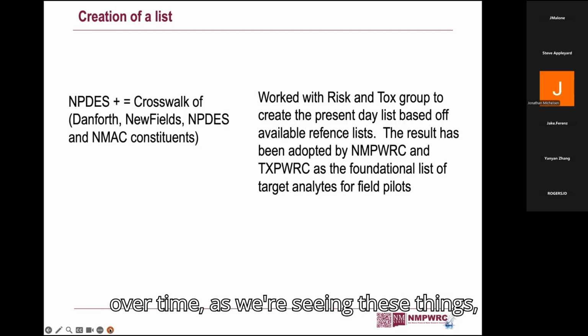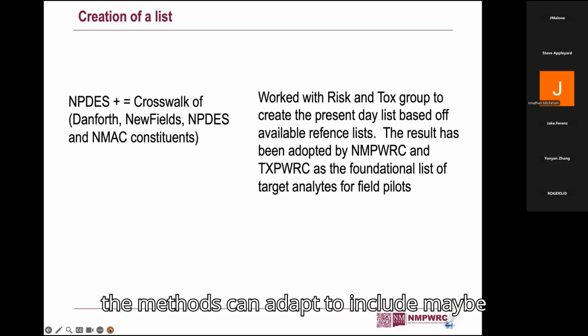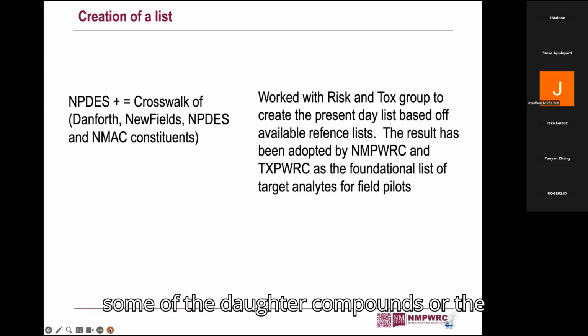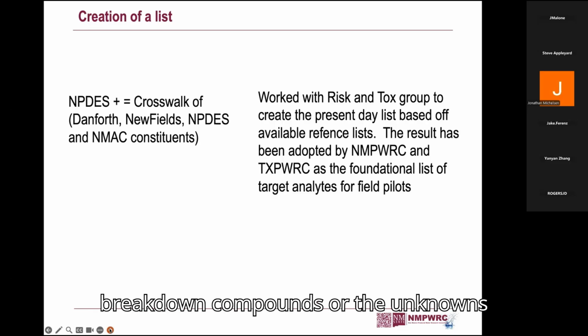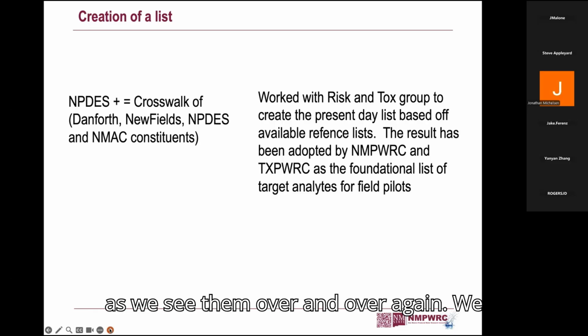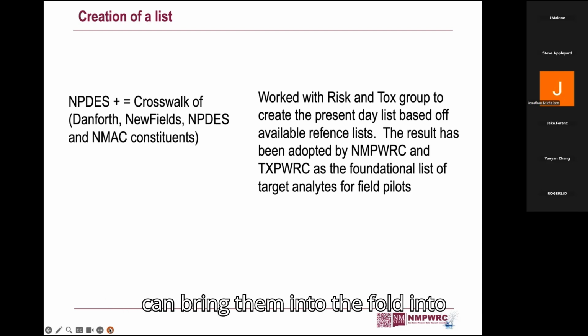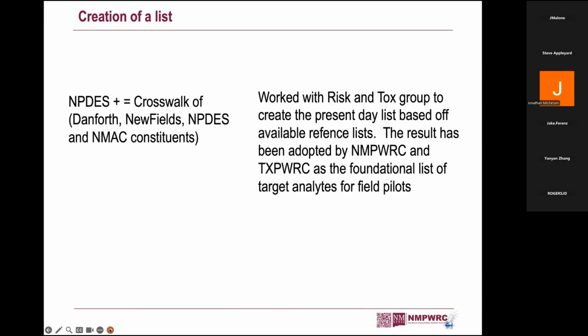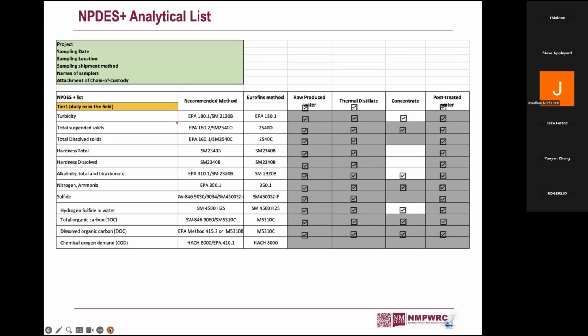So over time, as we're seeing these things, the methods can adapt to include maybe some of the daughter compounds or the breakdown compounds or the unknowns. As we see them over and over again, we can bring them into the fold into a legally defensible, fully enumerated compound. Next slide.